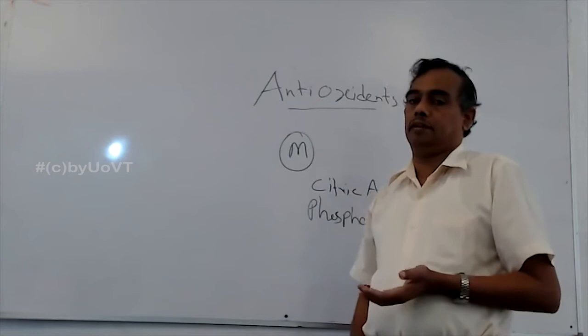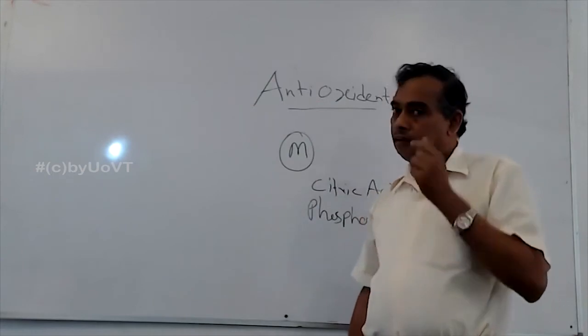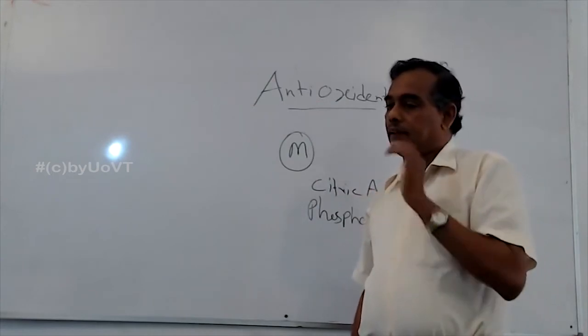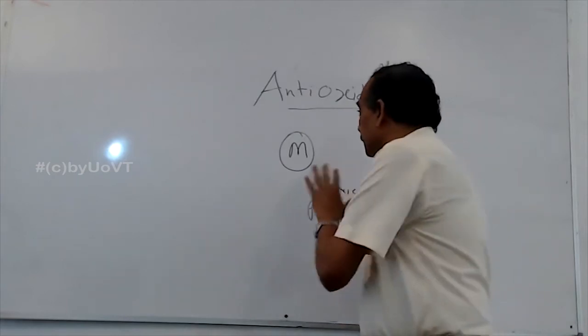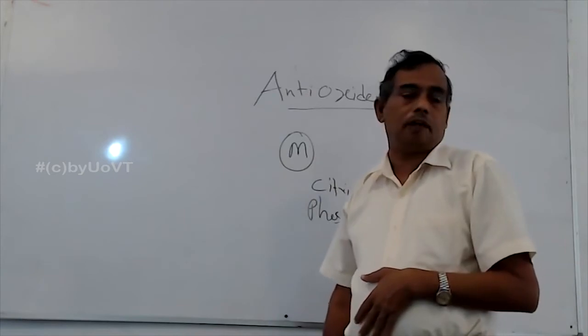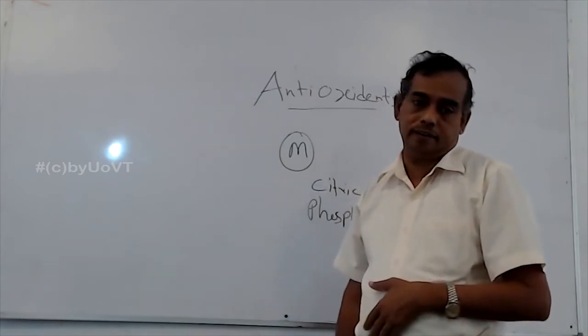That is a very important point. But we can't say the metal ion absorbs the electrons. Therefore, this is the first category of antioxidant-like compounds.